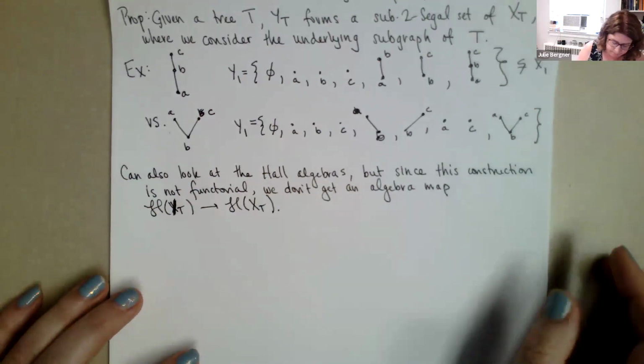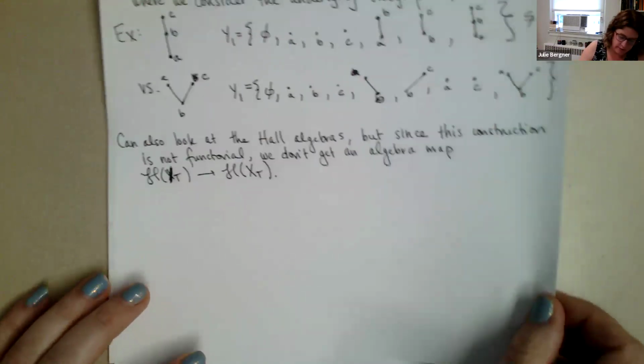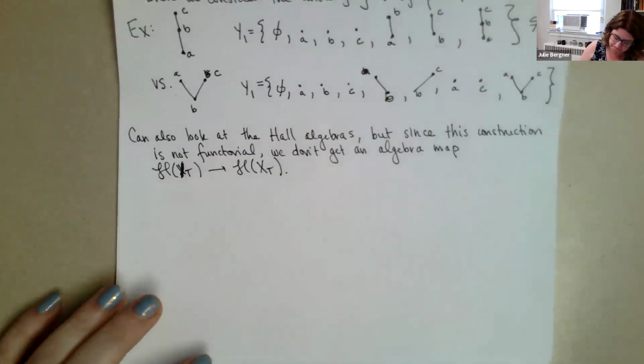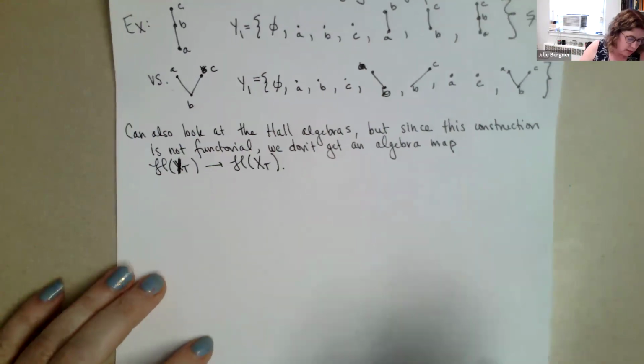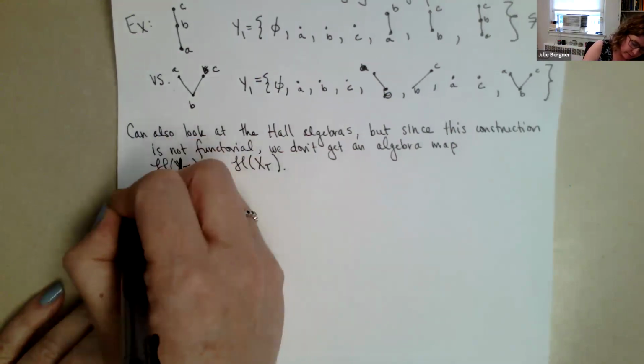And we go into a little bit more detail about that. There are some conditions for when the Hall algebras are functorial, but they're kind of strict, and they aren't satisfied here.